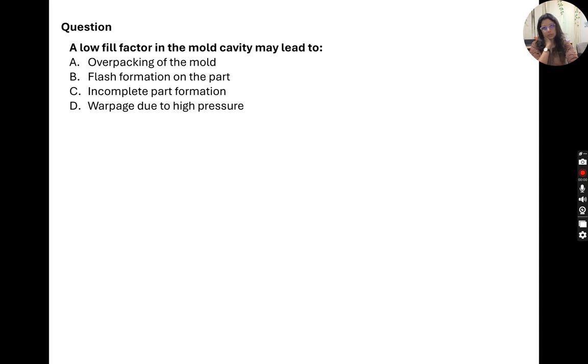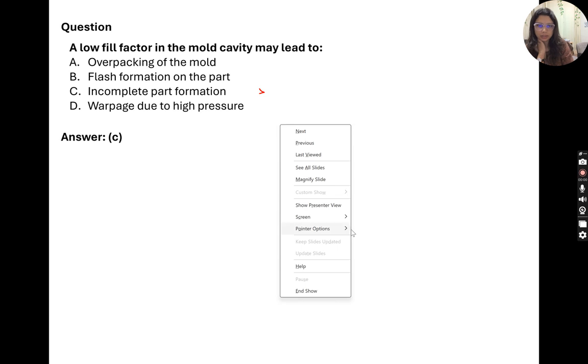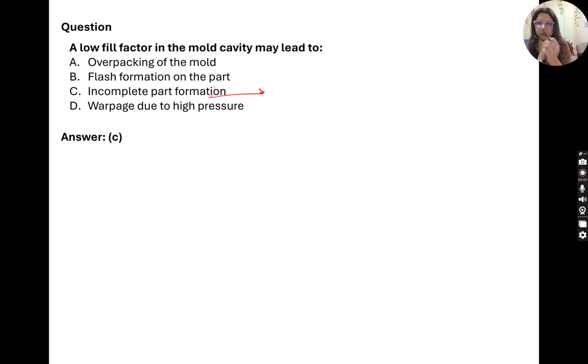The question is about the mold cavity, and we just read about injection molding and other processes like blow molding, which require cavities to form parts. So for a low fill factor, the correct answer is C, incomplete part formation. Because if the fill factor is low and the cavity cannot be filled completely, the part formation will be incomplete.